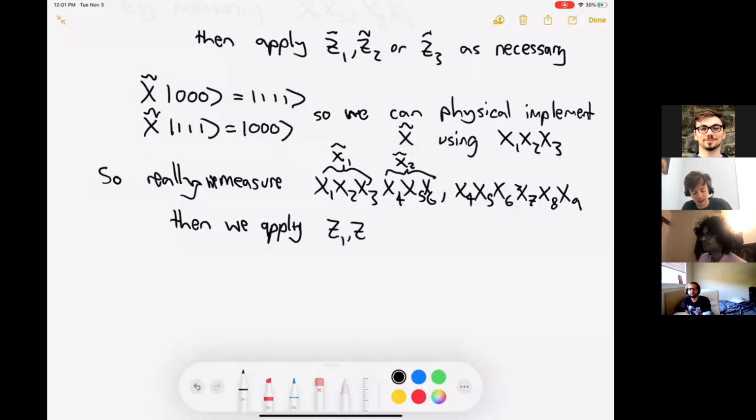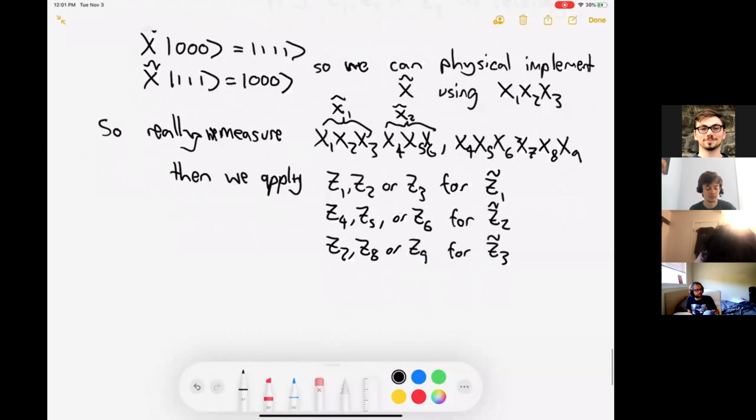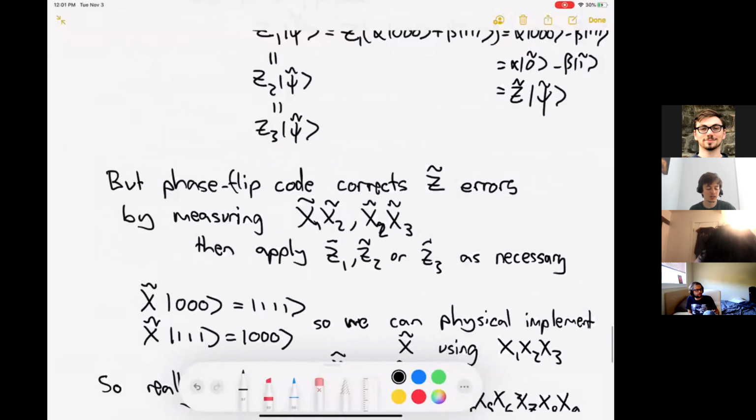So we apply Z1, Z2, or Z3 if we want to apply Z tilde 1, Z4, Z5, or Z6 for Z tilde 2, and Z7, Z8, or Z9 for Z tilde 3. Okay, so that's the whole error correction process.